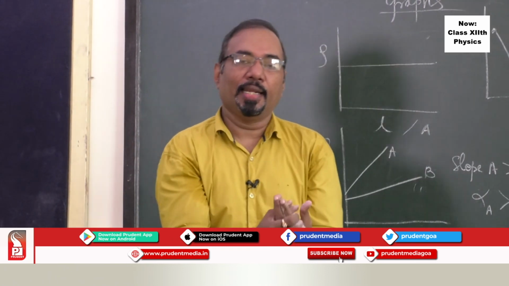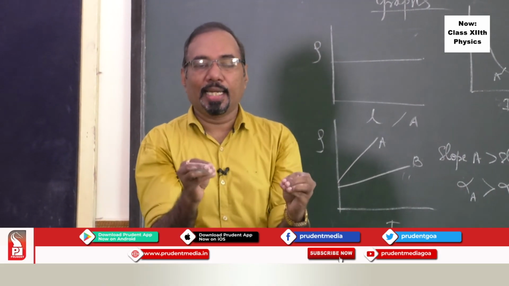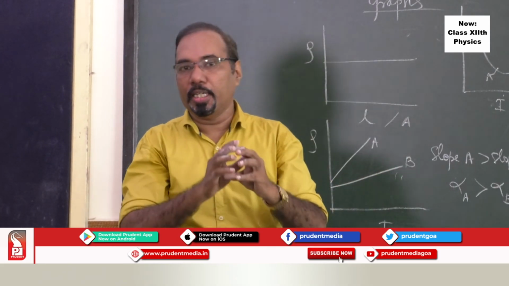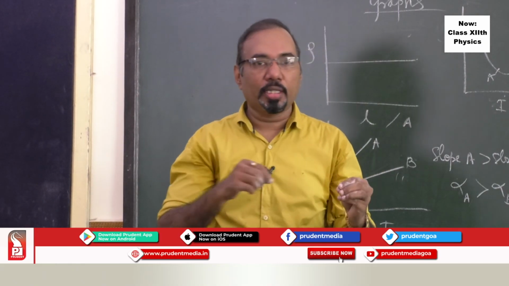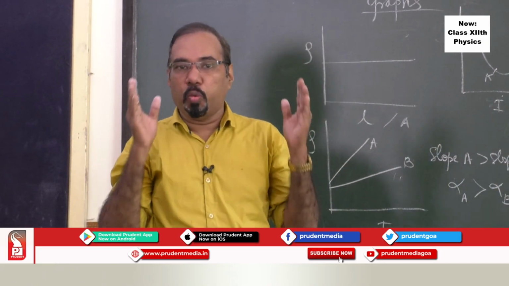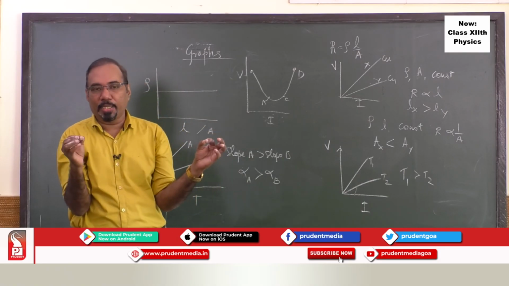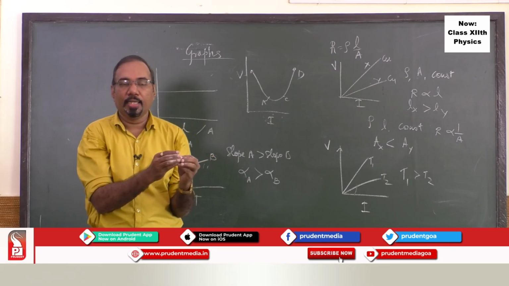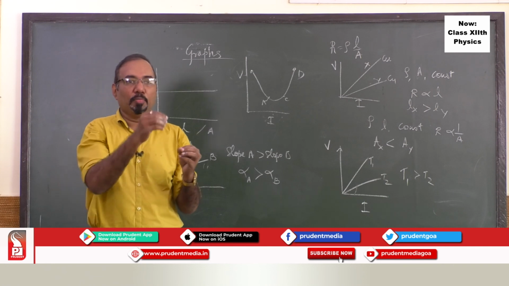In a nutshell, let me tell you, when the conductor is there, in the conductor, electrons are in motion, but they don't amount to current. They are in random motion, they don't amount to current. Once the potential difference is applied, an electric field sets up in the conductor, and electrons move towards the higher potential in the presence of the electric field. It's not a regular motion as such.